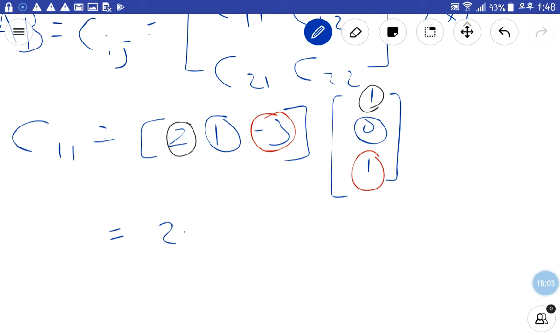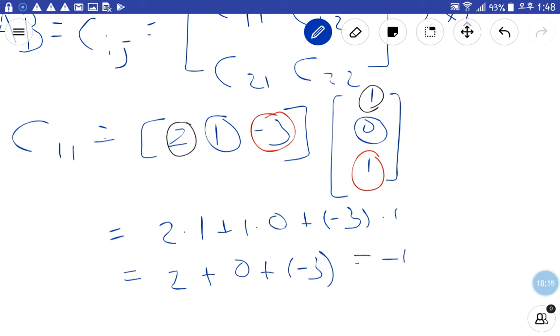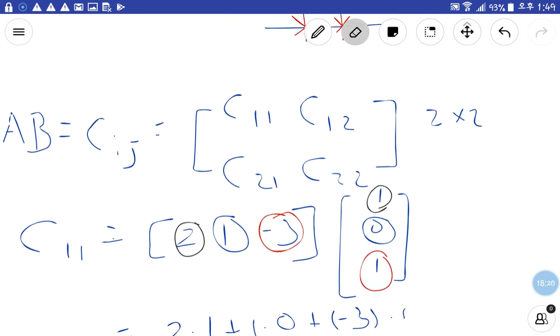So if you calculate this, you would have 2 times 1 plus 1 times 0 plus negative 3 times 1. 2 plus 0 plus negative 3, then my answer would be negative 1. So you go back here, you can just replace your number with negative 1. Okay?